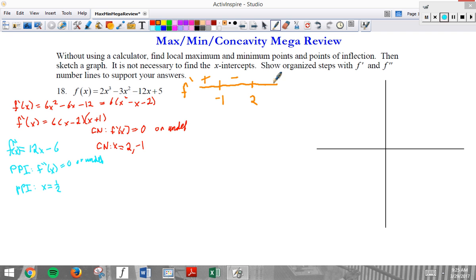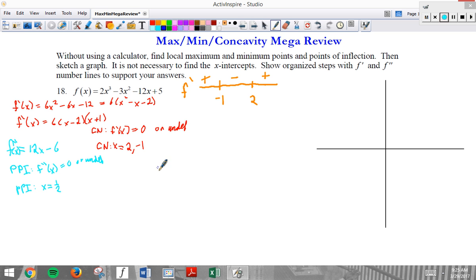Before -1, we're positive, positive. One trick you can use here is that this is an upward facing parabola. An upward facing parabola would have to have this trajectory. That means the graph of the derivative goes above the x-axis, below, and back to above.